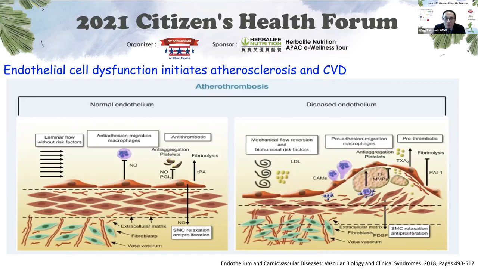In the disturbed flow state, the endothelium will be subjected to a variety of negative effectors, such as the deposition of LDL, also called the bad cholesterol, the expression of molecular adhesion cells, macrophage migration, as well as the expansion of smooth muscle cells.